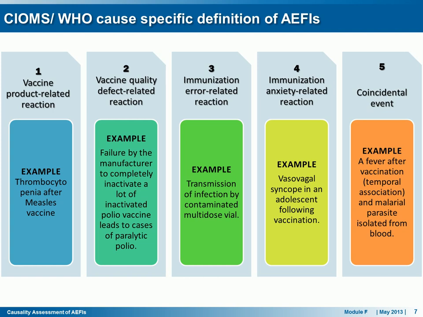We also have the last category, the coincidental event, which occurs by something other than the vaccine product, immunization error or immunization anxiety. For example, a fever following immunization, and then when we do a test, we are able to isolate a malarial parasite from the blood. Now, this is a very typical example.